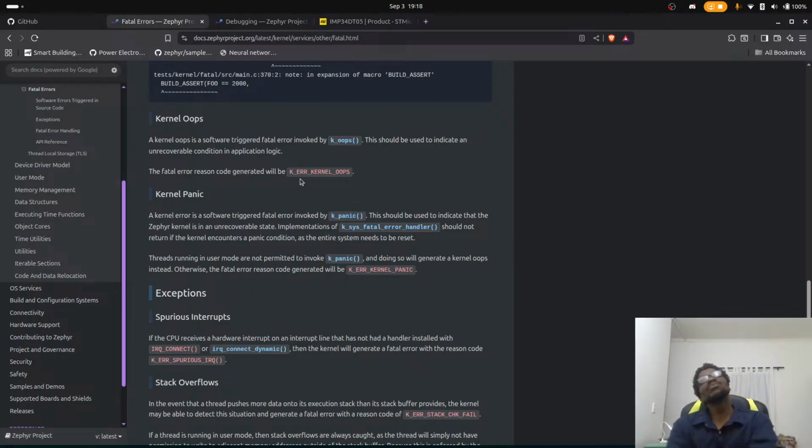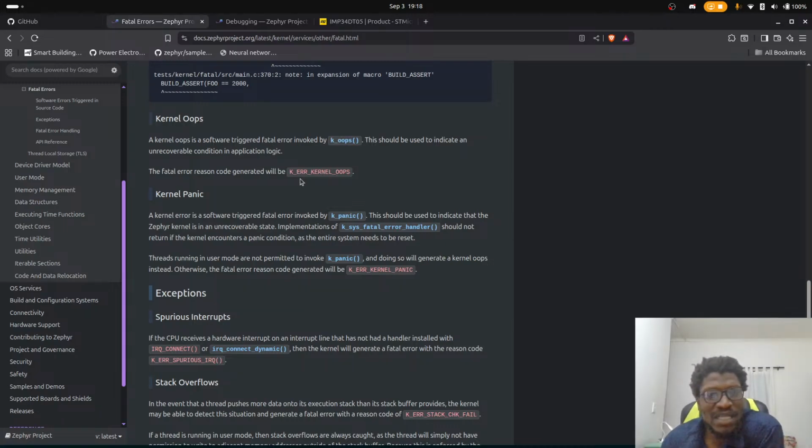You could use this probably in your drivers and stuff, or if you're implementing subsystems of some sort, maybe not drivers, and then you have some state that a subsystem can't reach that should not be reached. I see where you can use a panic like this. And I think from what I'm seeing is Zephyr tries to differentiate between kernel fails and userland fails, and then gives you different amenities to handle both of them.